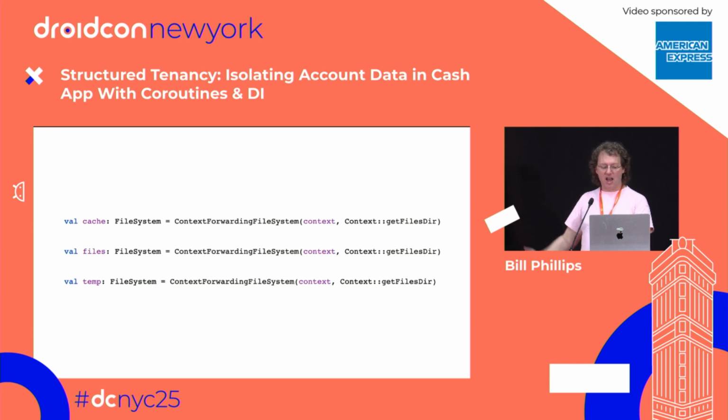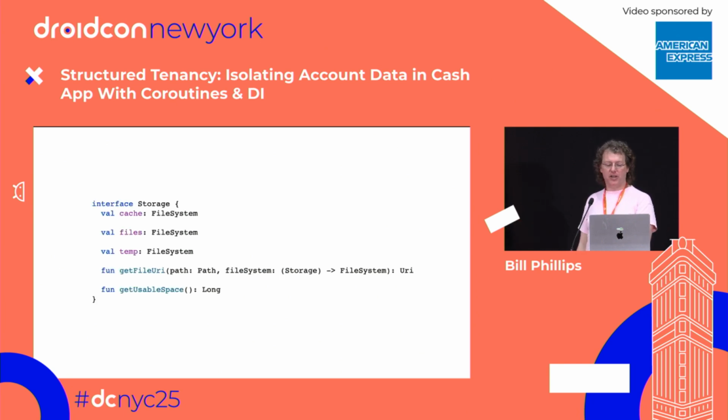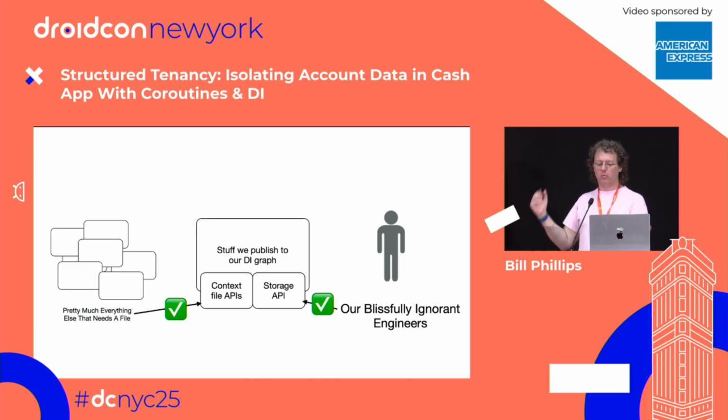They're just locked down, right? And we have this interface, Storage, where we assign one instance of this to each of these, and we have another API for getting a file URI, and those file URIs are used for other kinds of interop scenarios. So now we've got that problem solved.